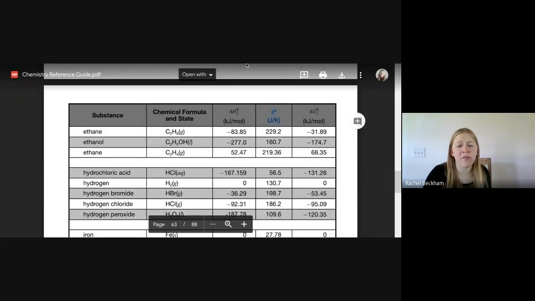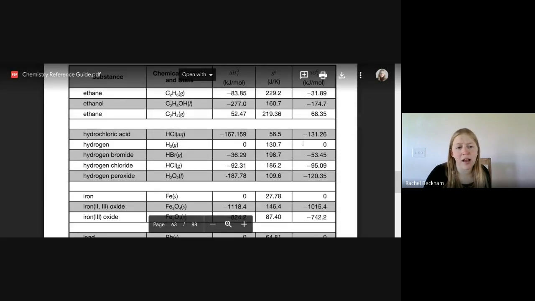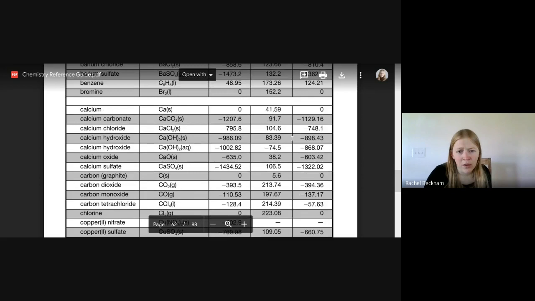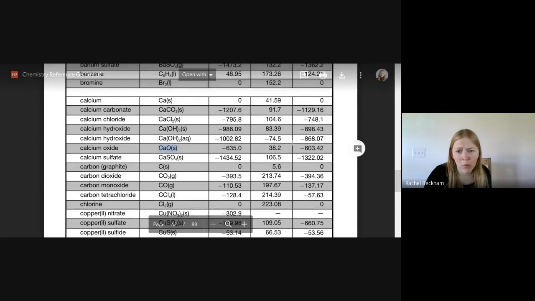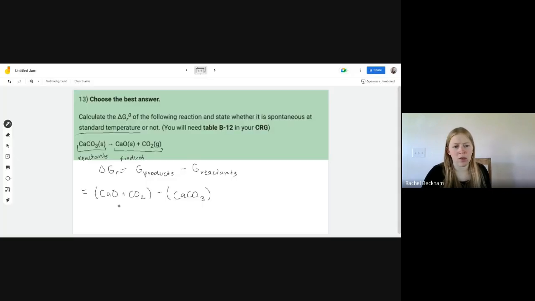So first of all, let's find CaO, which is calcium oxide. CaO right here, and remember we need this value, the negative 603.42. So negative 603.42 plus, and then carbon dioxide, which is CO2.